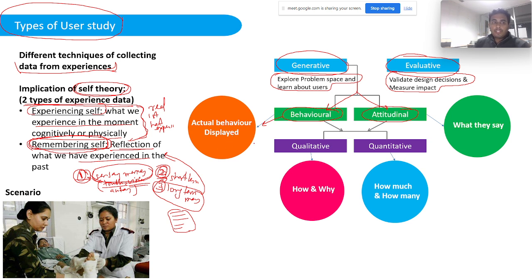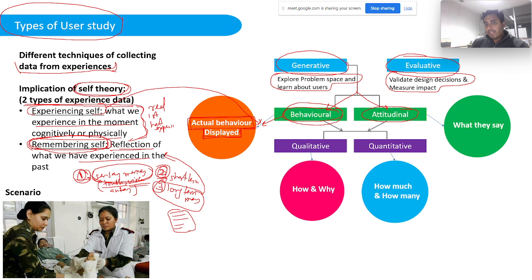This is what we are talking about as the experiencing self. This kind of behavioral study involves understanding the actual behavior displayed in a context. In a particular scenario, when we observe a particular set of behaviors or emotions, that comes under behavioral study.